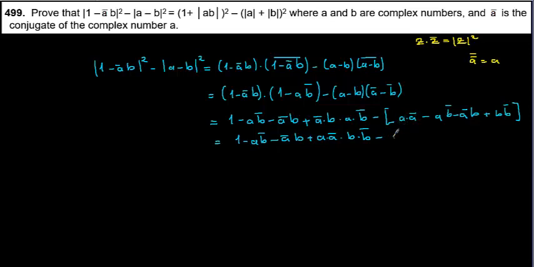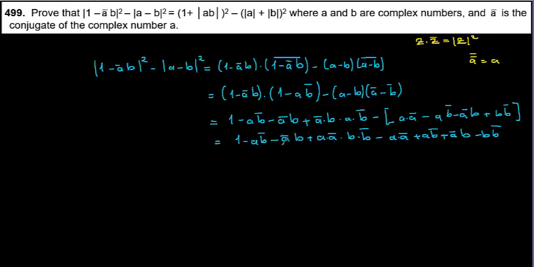A minus A conjugate, minus and minus, it's going to be plus A B conjugate, and minus and minus, it's going to be plus A conjugate B, and the last one again minus B conjugate, minus times plus, it's going to be minus.